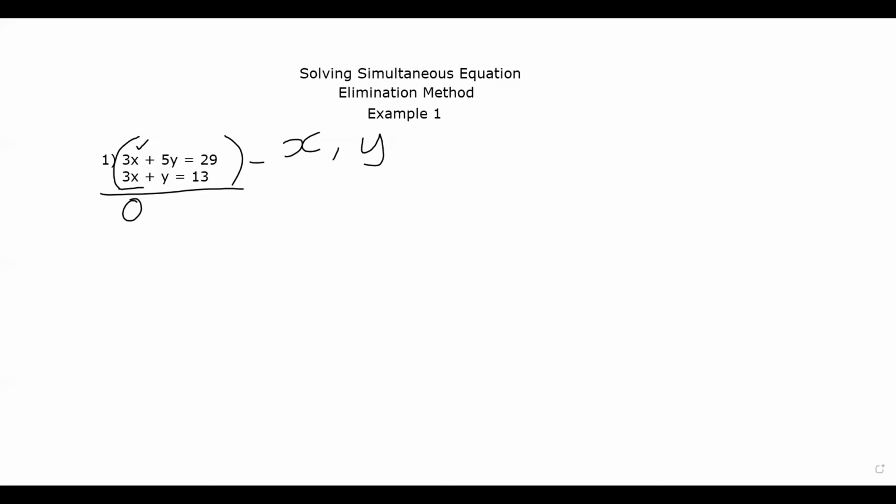So notice we've subtracted 3x from 3x and we've gotten 0. In other terms, we can say we've eliminated 3x in both equations, right? And now we do the same for the rest of the equation. Because we've subtracted, we'll also subtract where we have 5y, we subtract y.